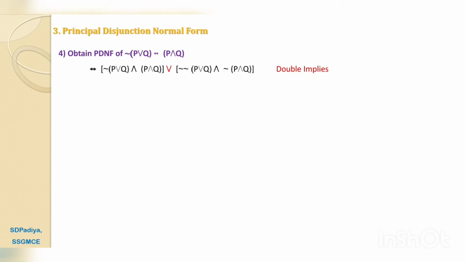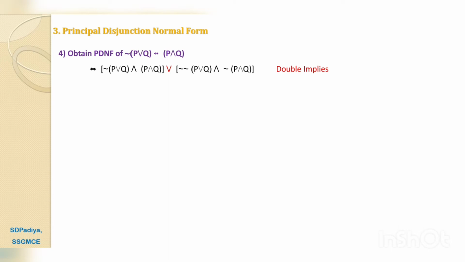If we consider here the first bracket as P and second bracket as Q, then it is logically equivalent to the first bracket and second bracket, or negation of first bracket and negation of second bracket.